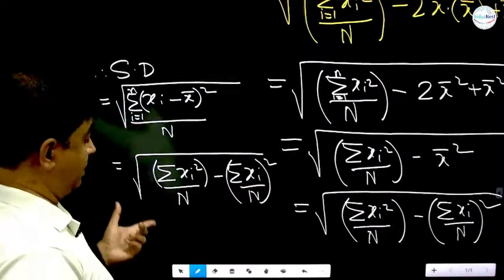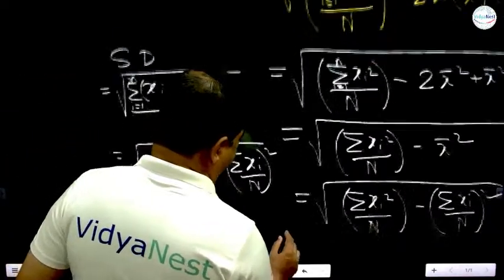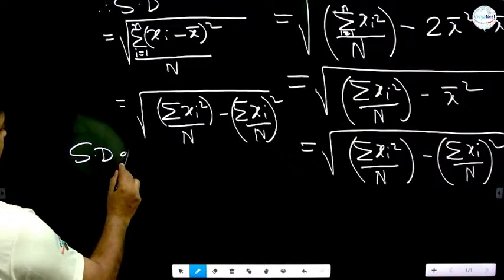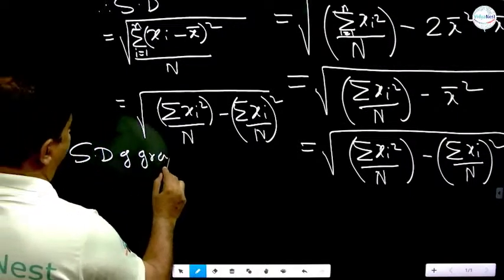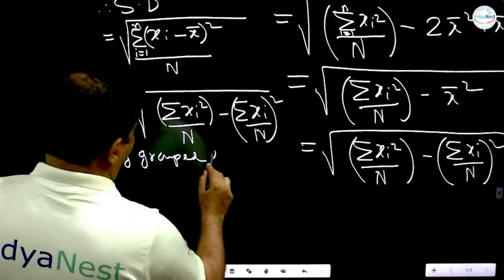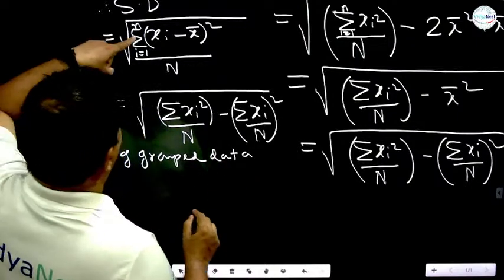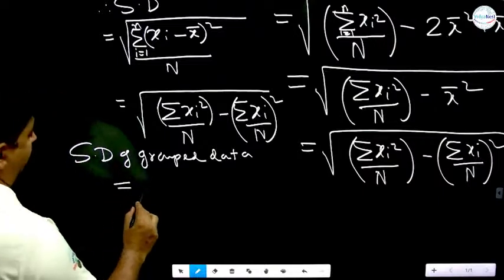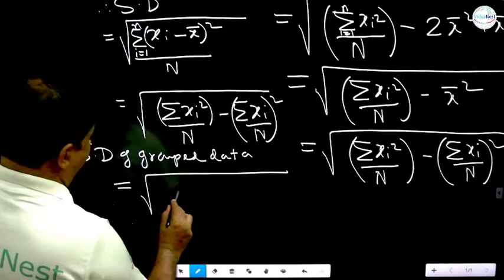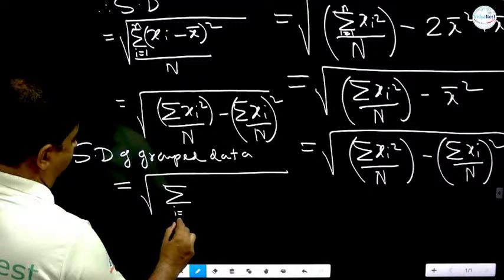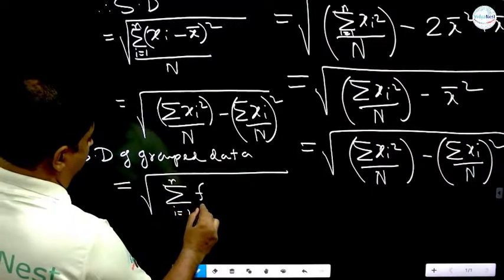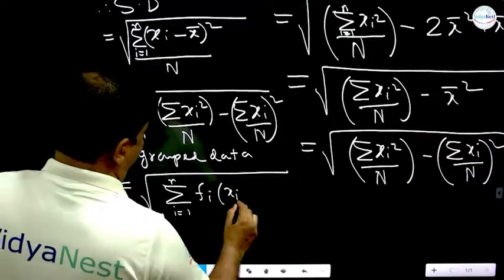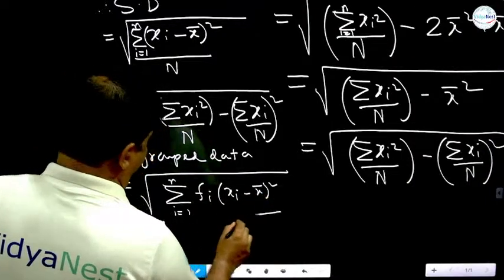Now with frequency or grouped data. Standard deviation of grouped data is nothing but appending one frequency term. Look, summation i from 1 to n, fi times xi minus x bar whole square.